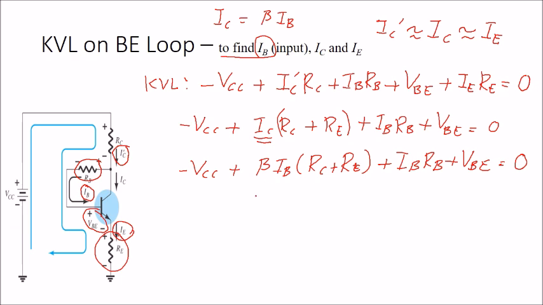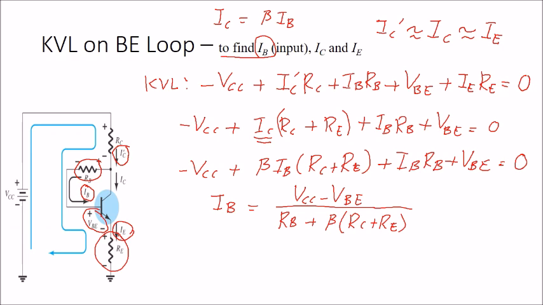Just rearrange all the equations to find IB, and you will have IB equals VCC minus VBE over RB plus beta (RC plus RE). So this is your IB.